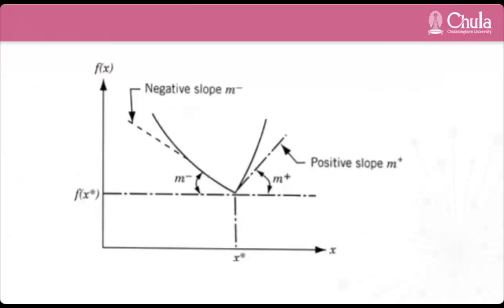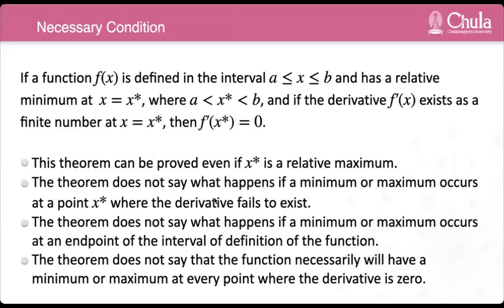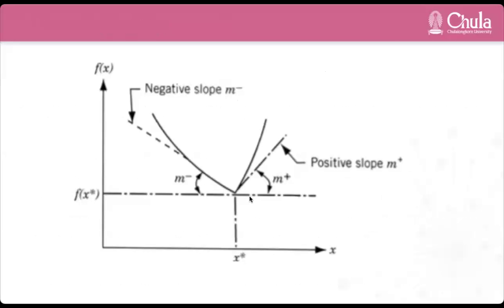Consider this case. For example, we consider this domain. You see that for this function, the derivative does not exist here, right? But this one has a local minimum. So the theorem does not cover this case, and it is the second item, because at this point the derivative does not exist.